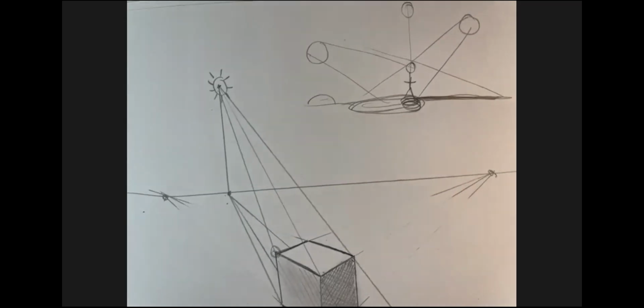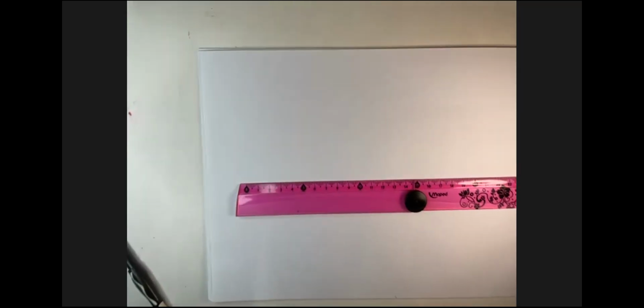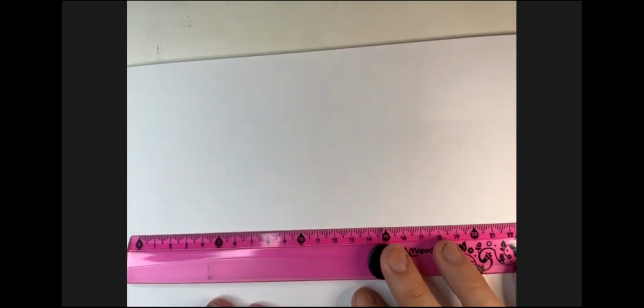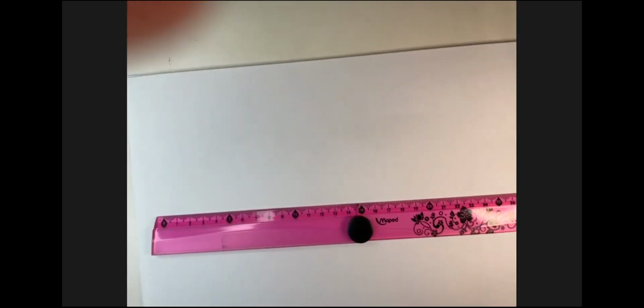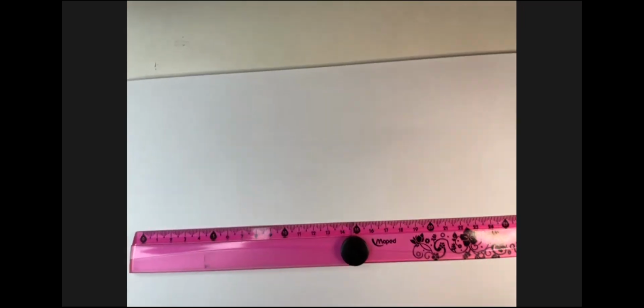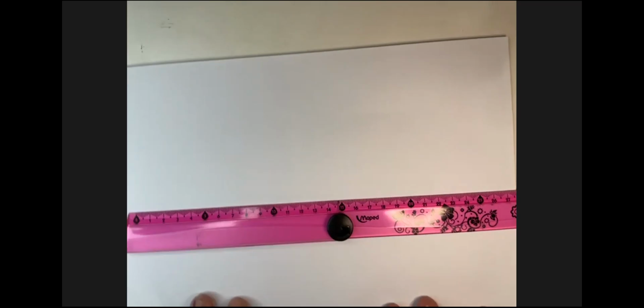So why don't we have some fun then with the 2-point perspective? Do a bigger one this time because we want to draw a big shape and we want to have a lot of room, we're going to sort of cut things away. Let me bring this up so you can see most of the page. There we go. Okay.